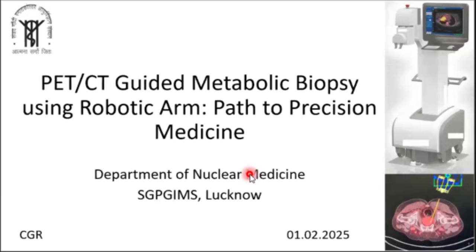We call it functional or metabolic because when we use a radioligand, it targets a tissue because of a change in the metabolism of the tissue or organ. So our ligand is targeting a tissue because of a specific function of that group of cells or tissue. That's why PET-CT imaging is used in diagnostics.